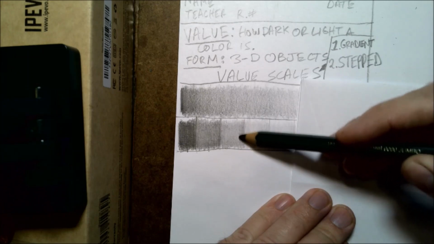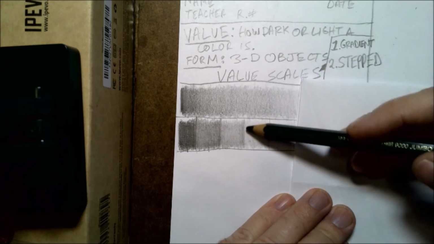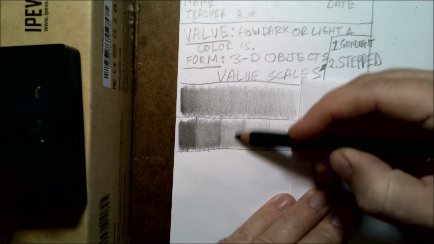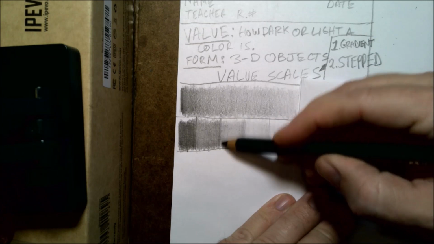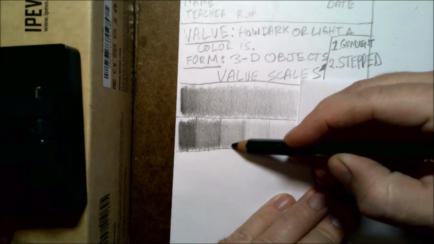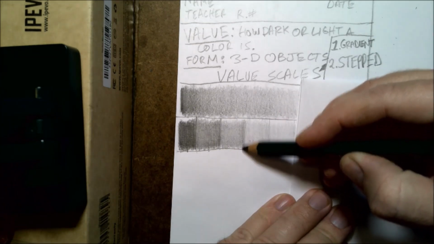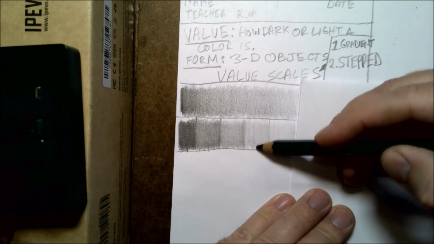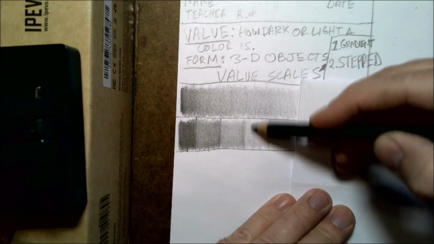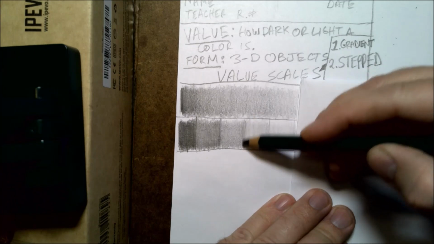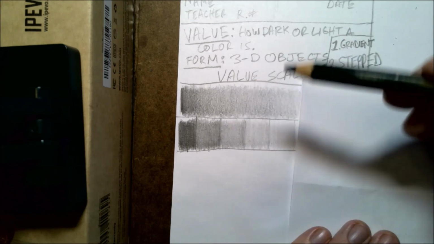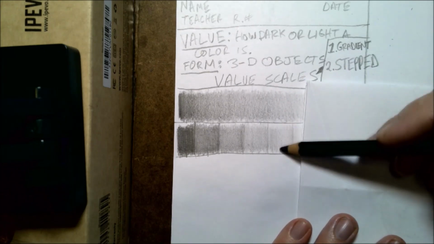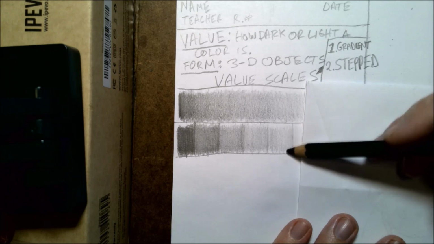Make sure it doesn't look the same. Now if I would have just went for it and tried to make it as dark as I thought it was supposed to be at first, then I wouldn't be able to go back and fix any of these.